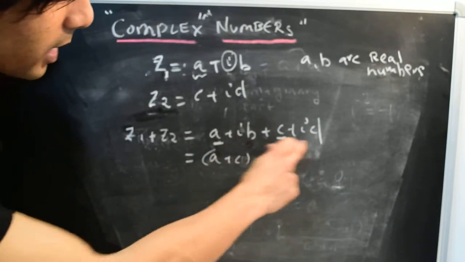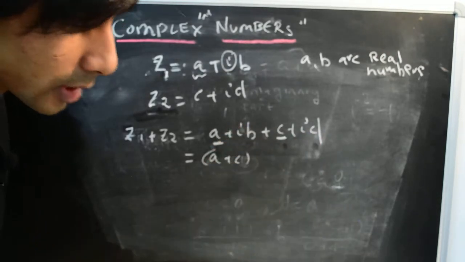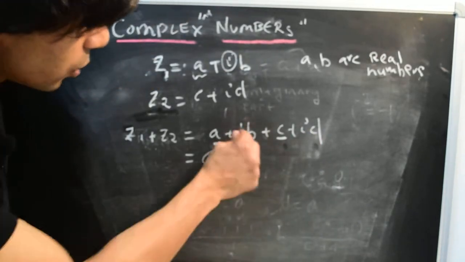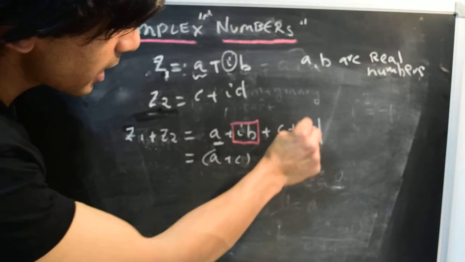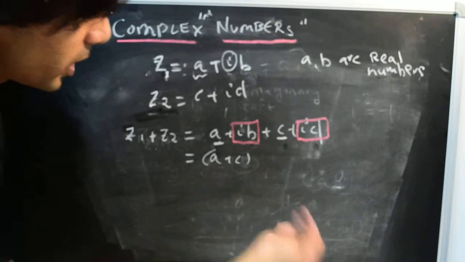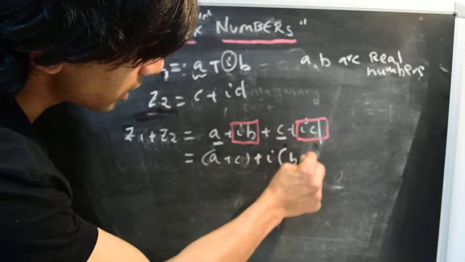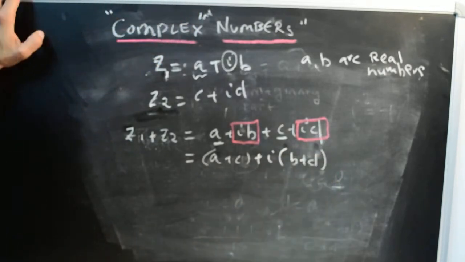And then we'll identify the symbol i in this expression. So we have two expressions that carry the symbol i, ib and id. And we'll combine these two together. So we'll write this as i times b plus d. Okay.